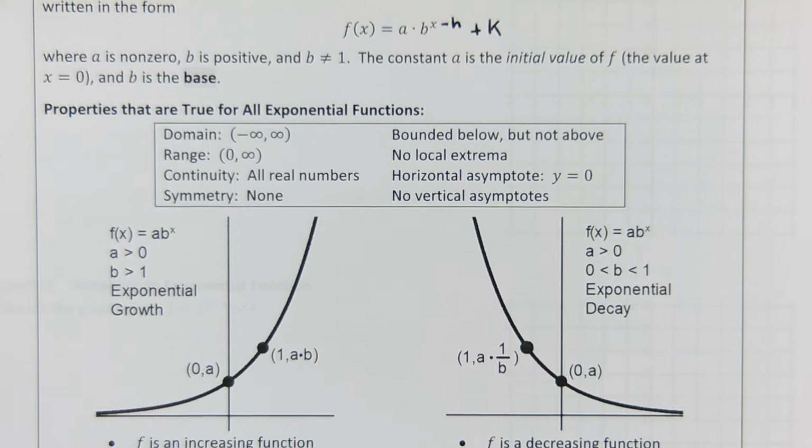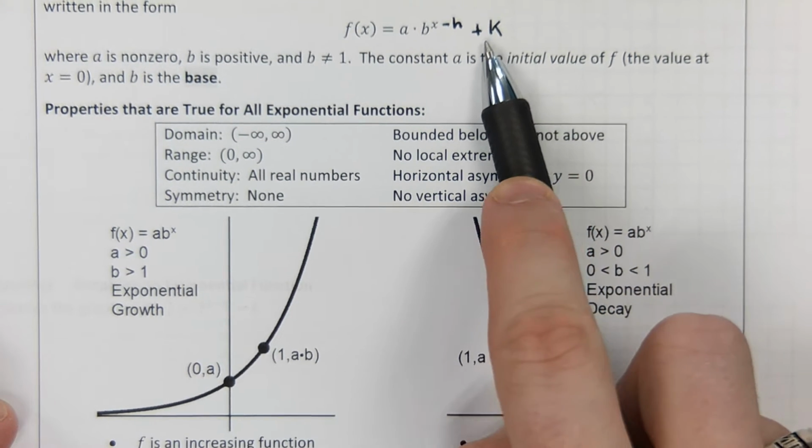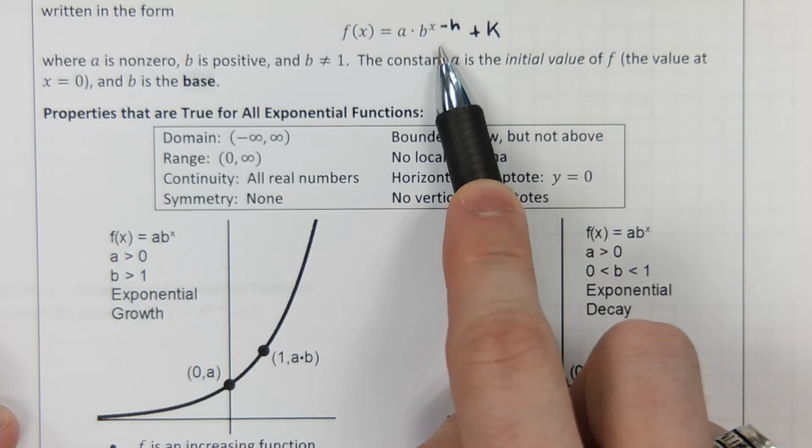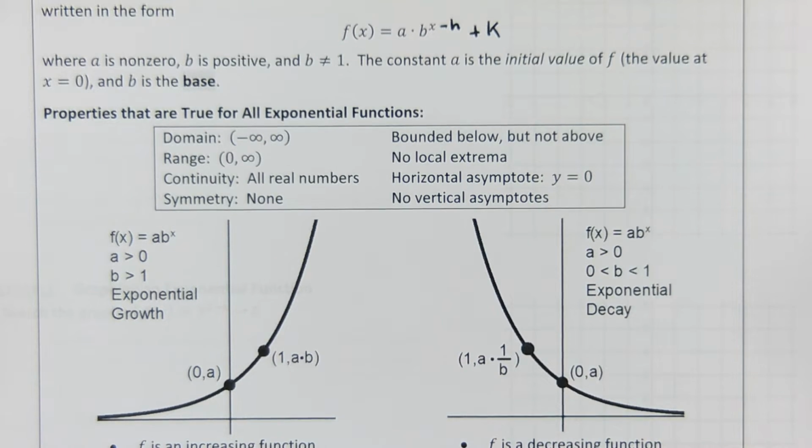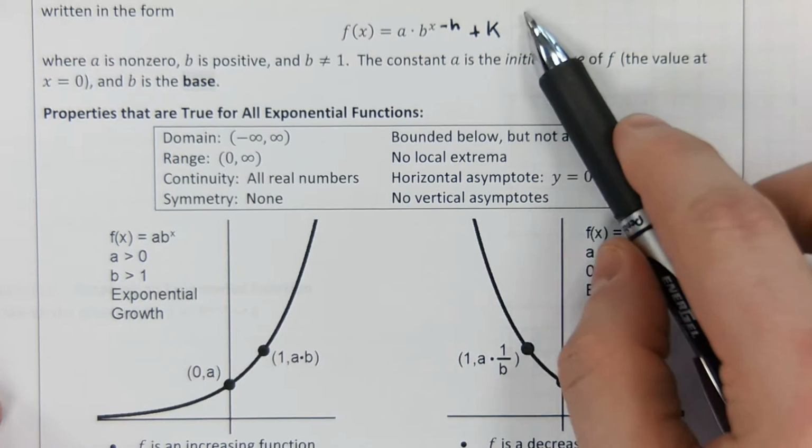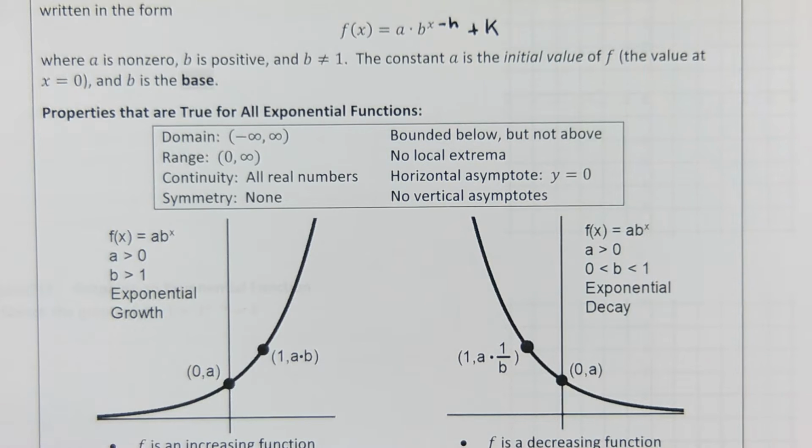Why is it k? We use k for constant, and we don't use c for constant because c is used in other equations for other things, like in the standard form of a parabola, ax squared plus bx plus c. So the c is also used for constant often, but we use k and h for our vertex for parabolas and also to represent horizontal and vertical shifting, but it's really because of constant.